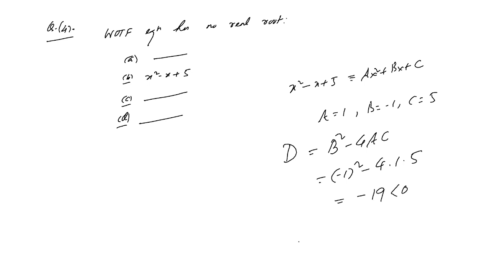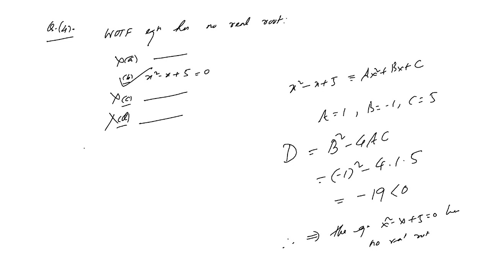This is less than 0, so this equation has no real root. If the discriminant is less than 0, the equation x square minus x plus 5 equals 0 has no real root. So option B is correct, and all other options given in KVS PGT are wrong.